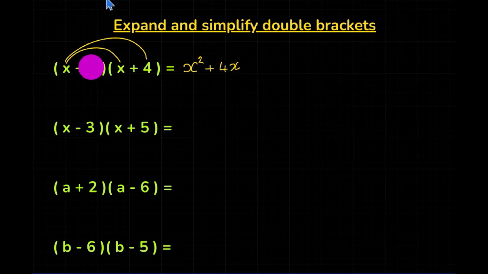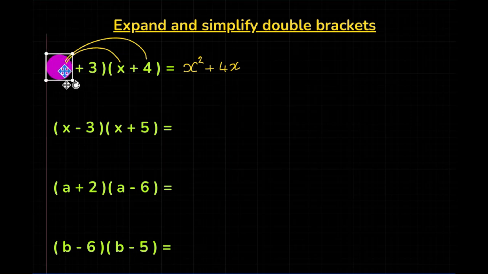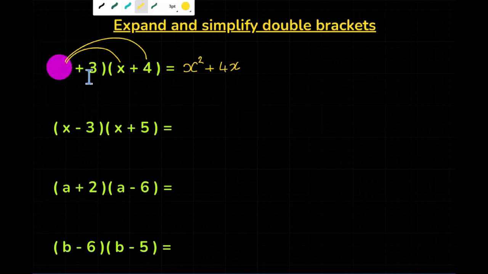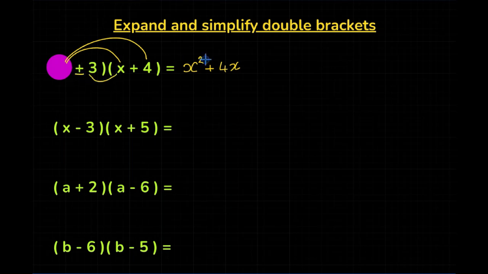Then we can move our finger, or in my case the purple dot, and I can then multiply the plus 3 by the x. Now notice it is a plus 3, so it's plus 3x, and then the plus 3 by the plus 4, which is plus 12.